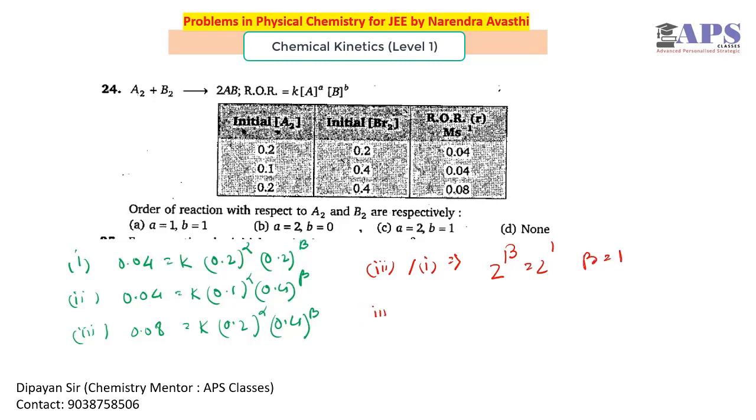If we divide 3 by 2, it will become 2 to the power alpha equal to 2 to the power 1. It represents alpha value equal to 1. So order with respect to A is 1, order with respect to B is 1. That's why alpha equal to 1 and beta equal to 1 will be the correct option, which is option A.